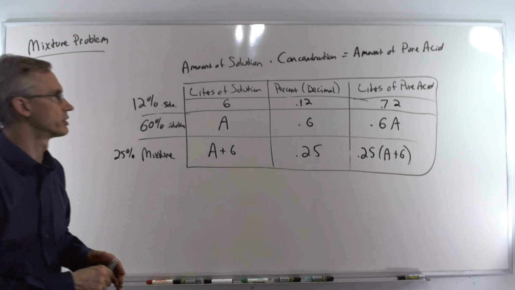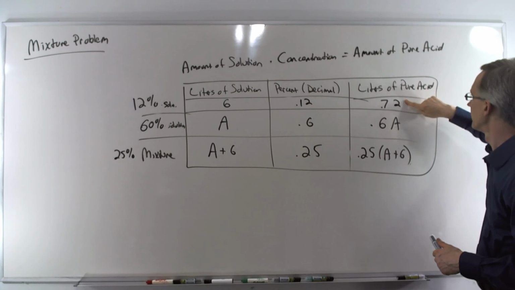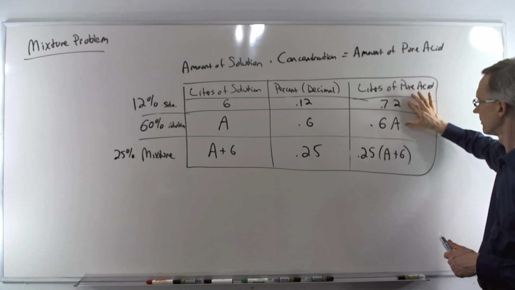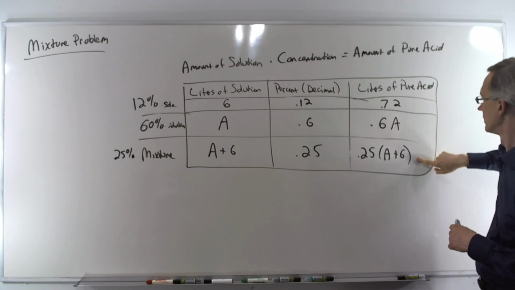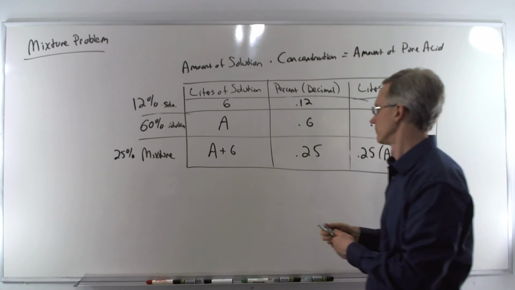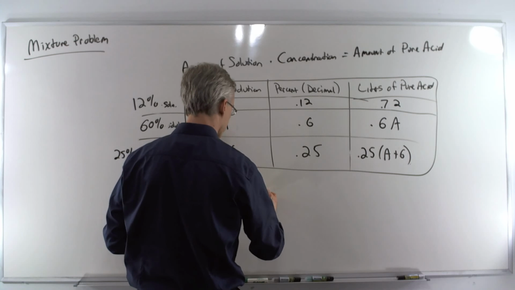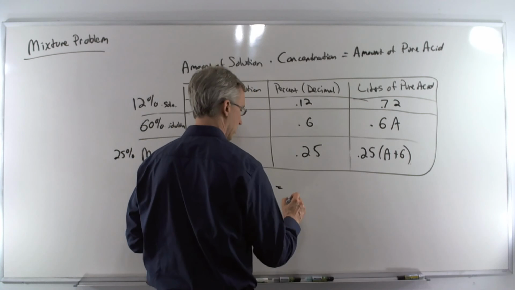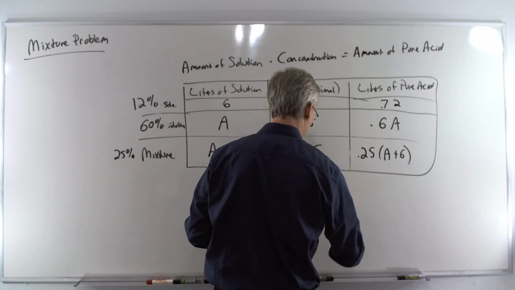All right, now we're going to use this last column over here. We'll add together the amount of pure acid in the individual solutions to get the amount of pure acid in the mixture. So that is 0.72 plus 0.6A equals 0.25 times A plus 6.